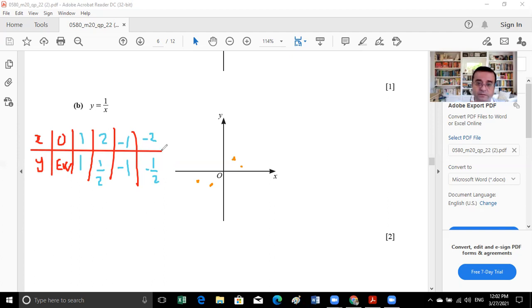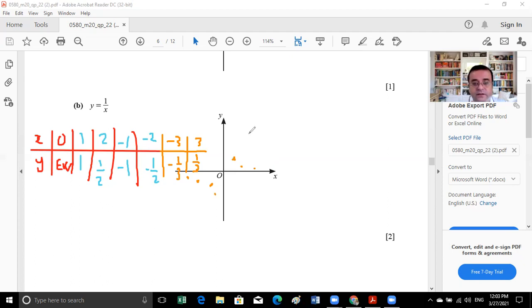We try more. If we take -3, what do you get? -1 over 3. Are you with me? Yeah. Okay. So here, take 3. We get 1 over 3, which is 0.333.